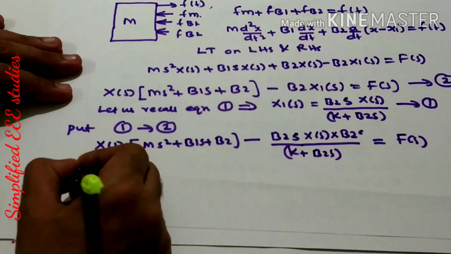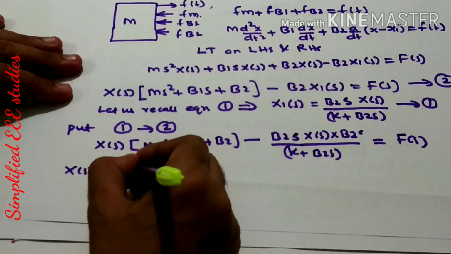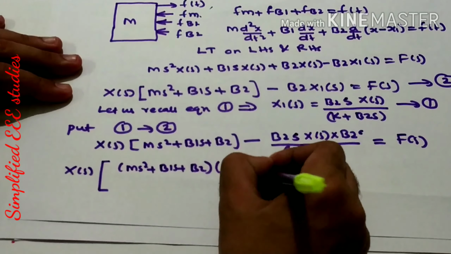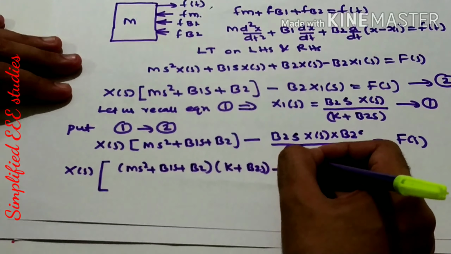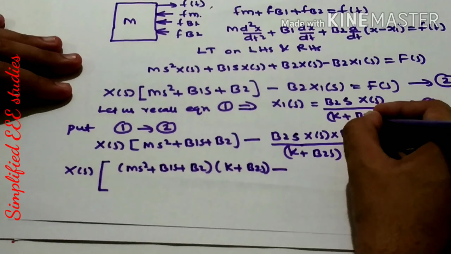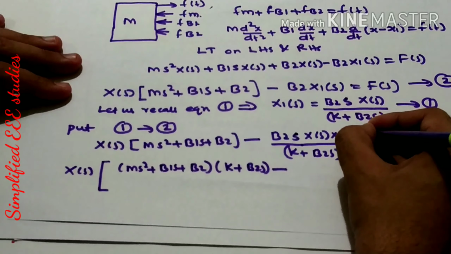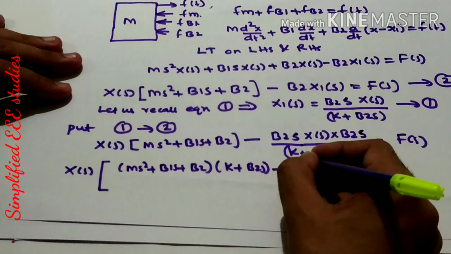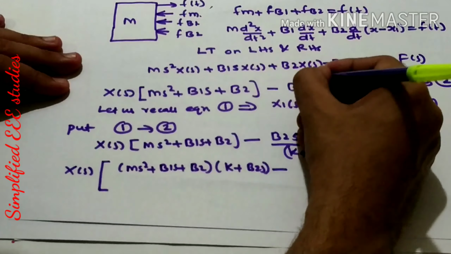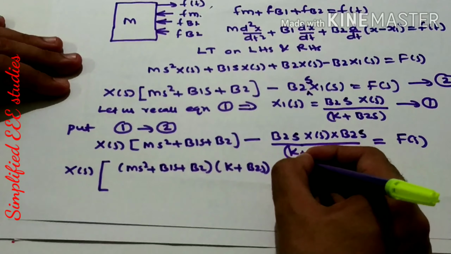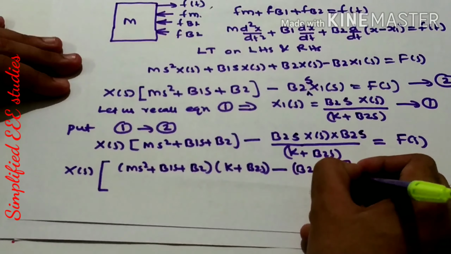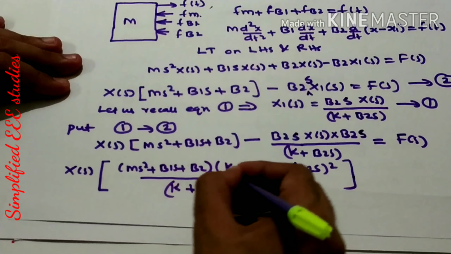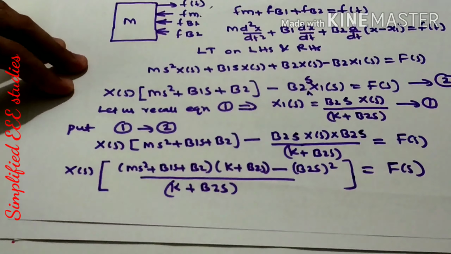Then you can take x of s out as a common factor: ms square plus b1s plus b2, do the cross multiplication with k plus b2s, then minus b2s whole square, divided by k plus b2s, that is equal to f of s.